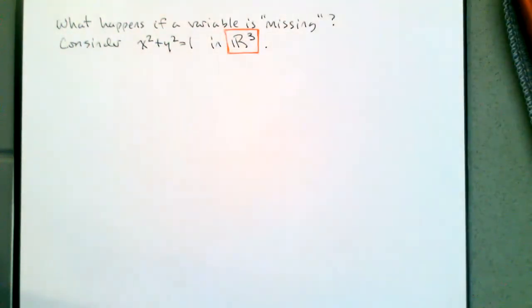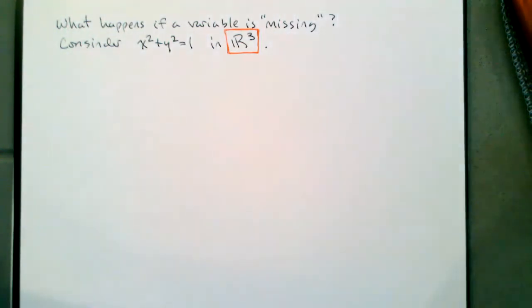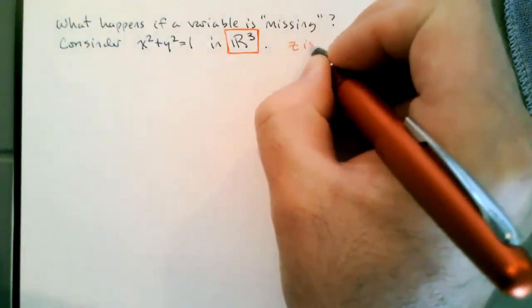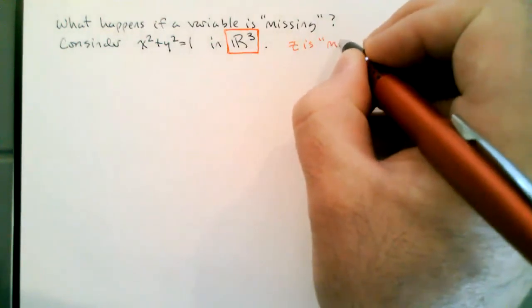So in this sense, since we're looking at this in R3, I'm using the word missing, like the z is missing. If we have an equation relating x and y and z is not appearing in the equation, but I still want to put this equation in R3, I'm thinking of z as missing from the equation.